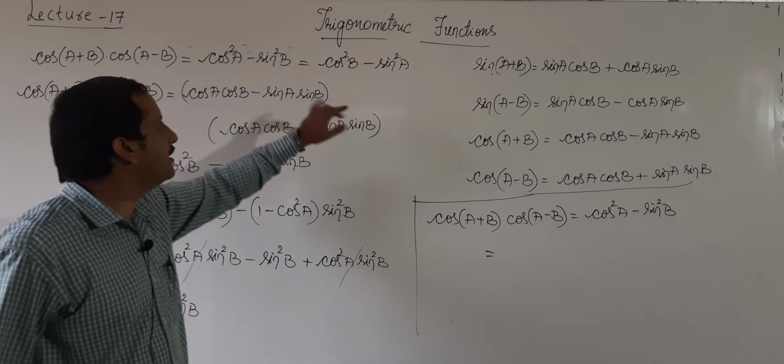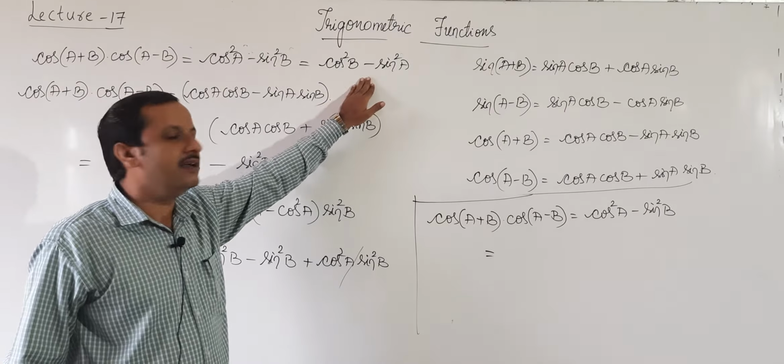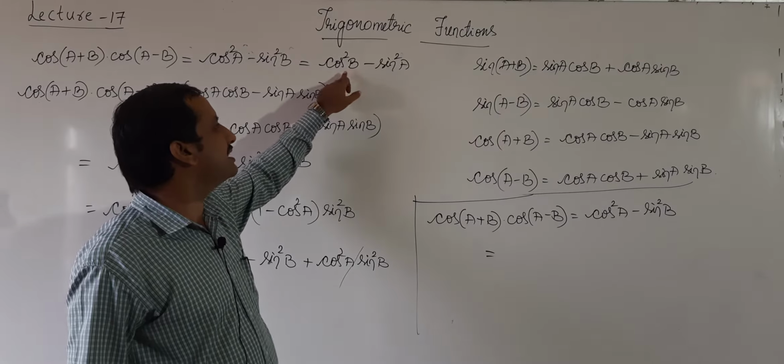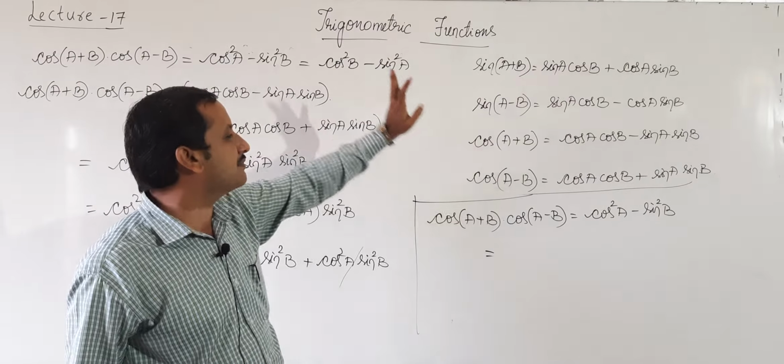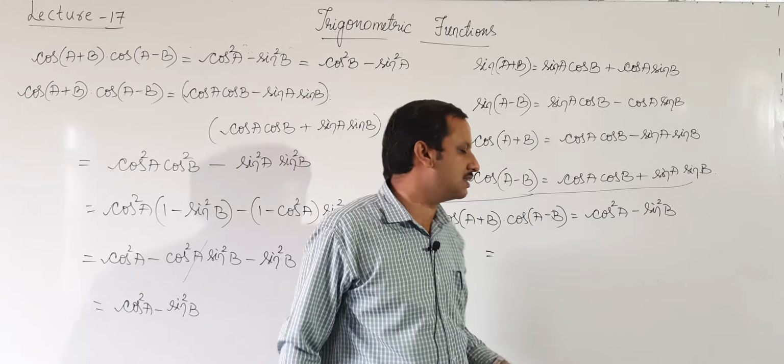Now we want to prove that it is also equal to cos square B minus sin square A. Look here, the angle B is in terms of cos and the angle A is in terms of sin. Angle A should be in terms of sin, angle B should be in terms of cos. So what do we do?